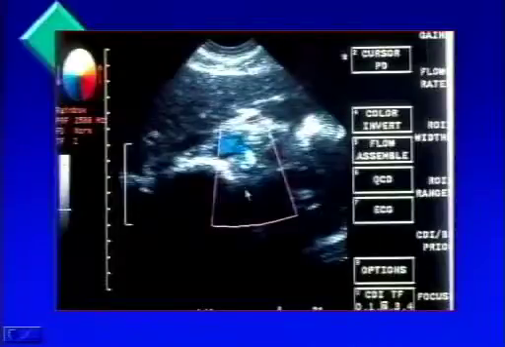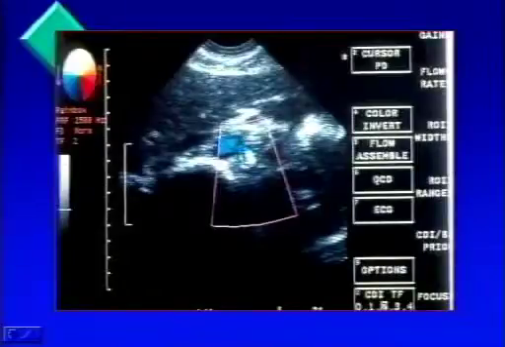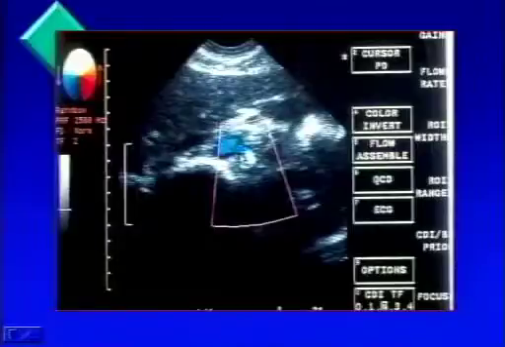But in this example here, we're looking at the left renal artery, and one thing that you can notice is that the angle at which the left renal artery comes off of the aorta is a little bit different as compared to the right, and so it's not quite as difficult to get a good angle of incidence of 60 degrees or less to the left renal artery as it is on the right.